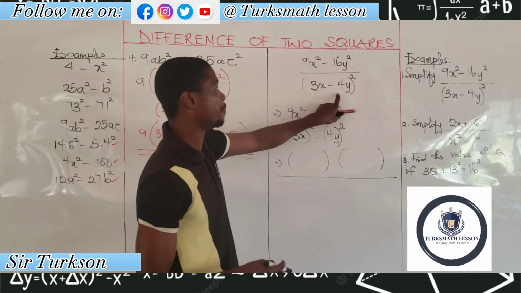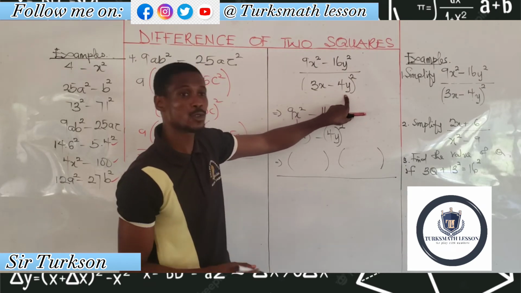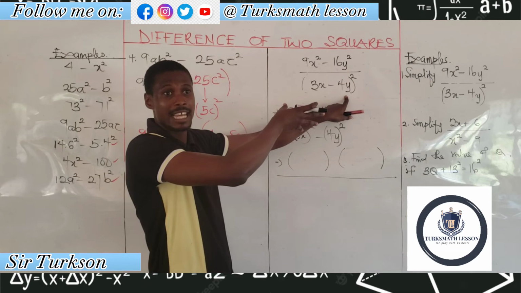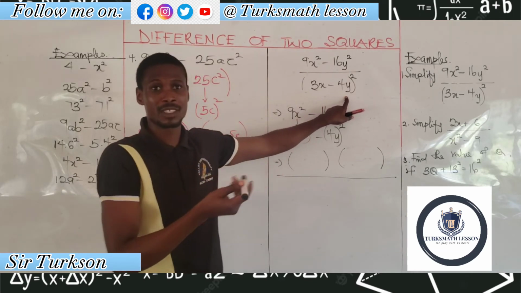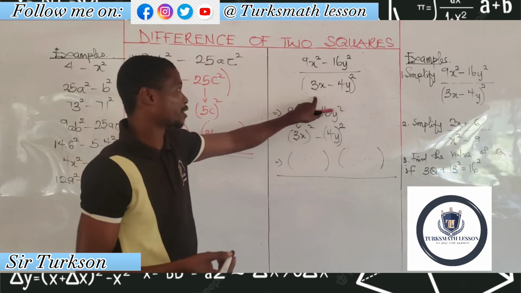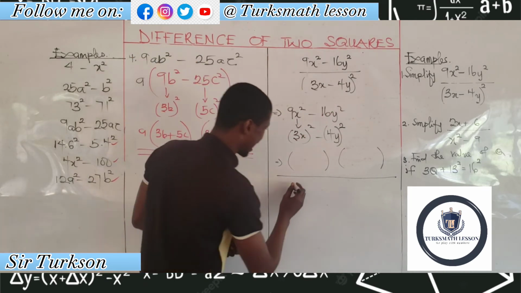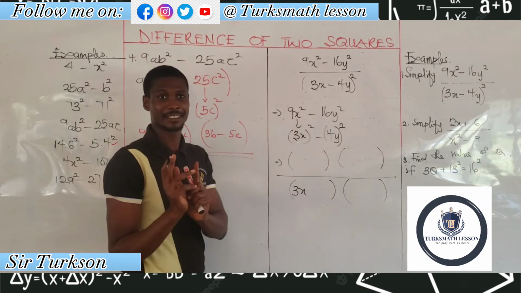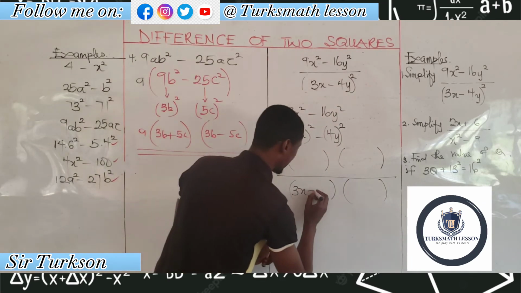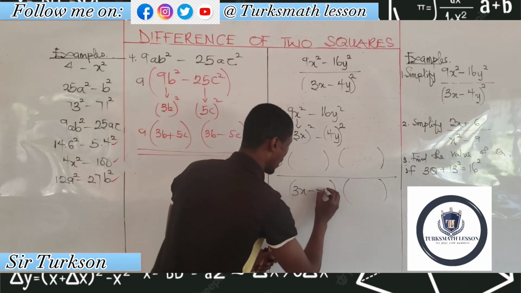You said this is a perfect square. So how are you going to factorize this? Will somebody factorize this one for me, by having 2 brackets? Minus. Very good. 4y.